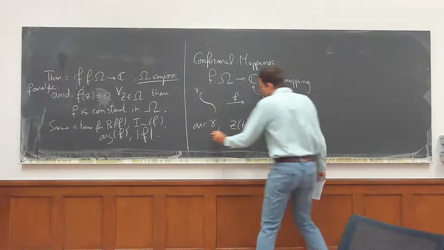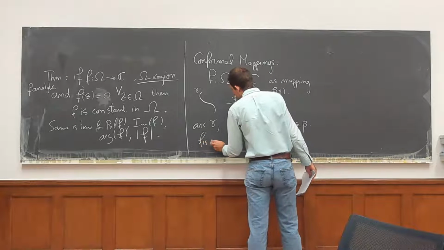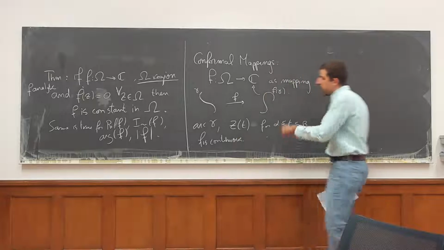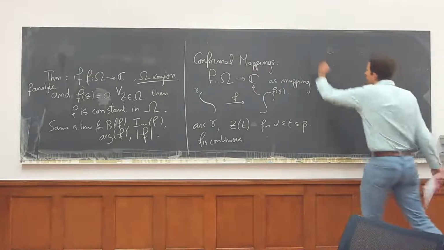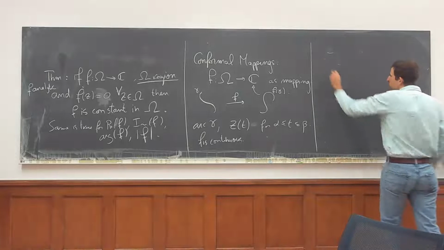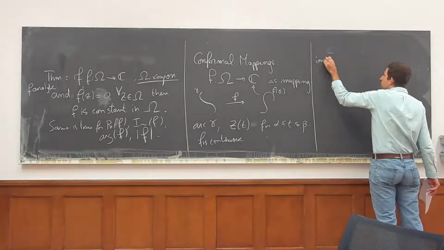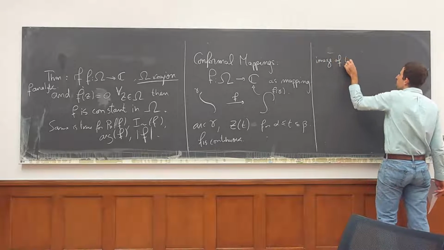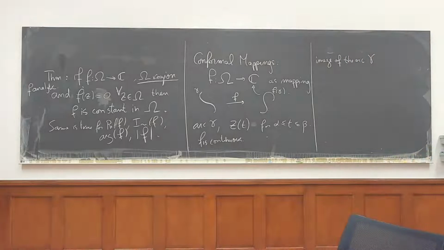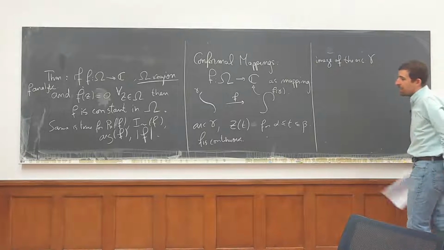Okay, and let's say that f is continuous. In fact, we're going to ask that it's analytic, but for now, let's say it's continuous. Then we want to understand something about the image of the arc when we apply f.